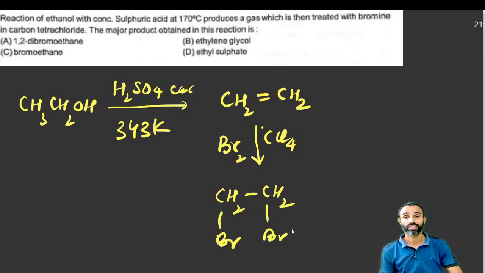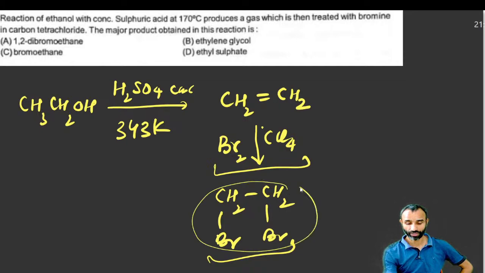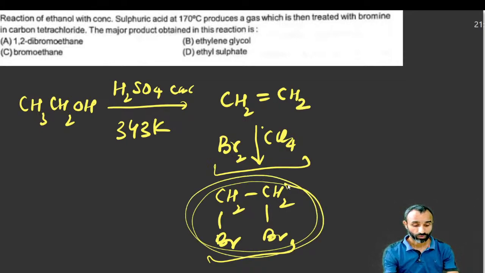This is the test for unsaturation as well, because it is reddish orange in color and it becomes colorless. So it is 1,2-dibromoethane, which means A option is correct. So that's all.